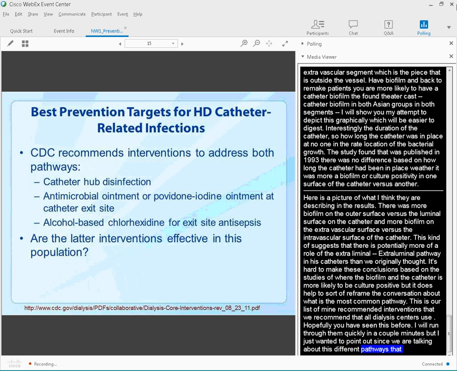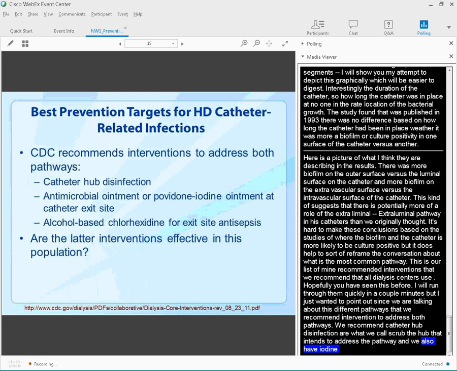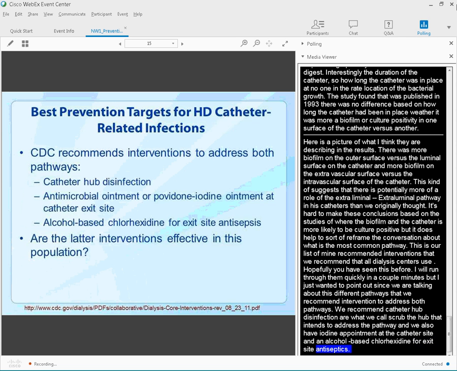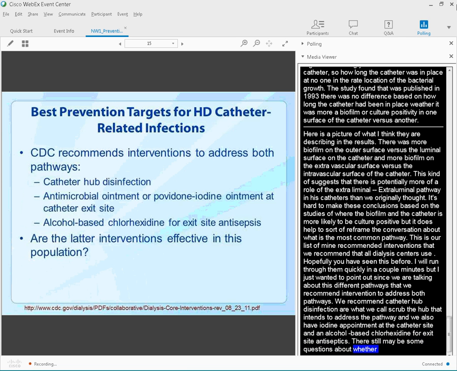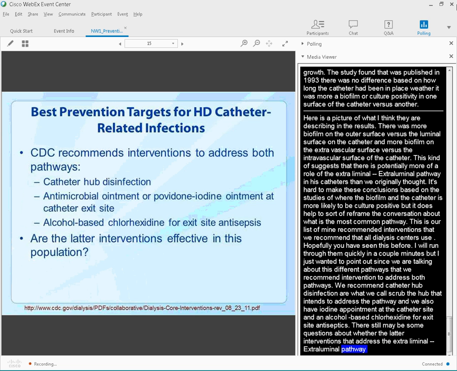There are also recommendations such as use of antimicrobial ointments or povidone iodine ointment at the catheter exit site, and an alcohol-based chlorhexidine for exit site antisepsis, which tries to address the extraluminal pathway. There still may be some questions about whether those latter interventions that address the extraluminal pathway are effective or worth pursuing in this population, and I'm going to show you some studies to try to get at that.